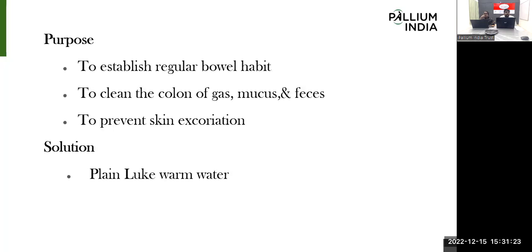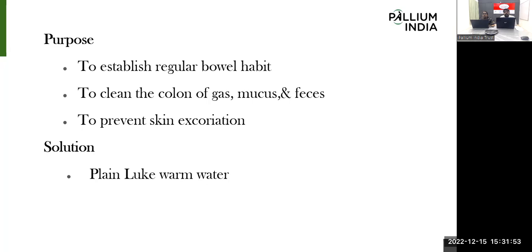The purpose is to establish a regular bowel habit. As bowel training, as a part of rehabilitation, to improve the bowel habit, we will do bowel training. Here also we can train the colon, the colostomy, to re-establish a regular bowel habit. Then, to clean the colon of gas, mucus, and feces.